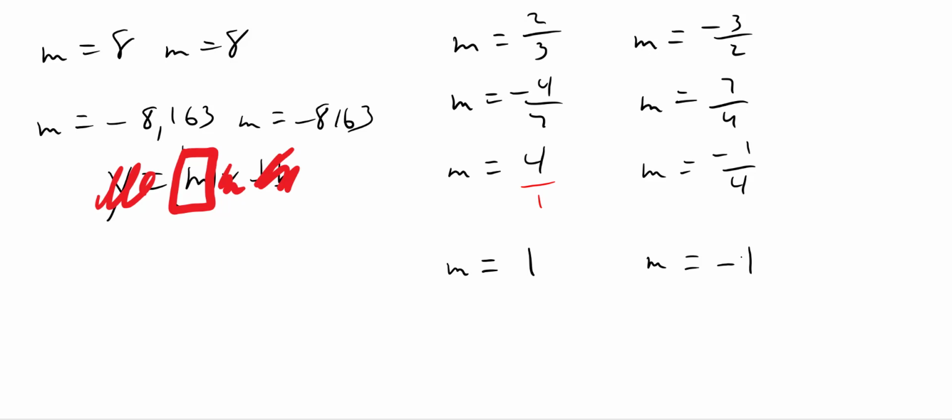And if I gave you slope negative 1/8, you flip it over, you get positive 8, or 8 over 1. That's fine too. Opposite reciprocal is perpendicular, same slope is parallel.